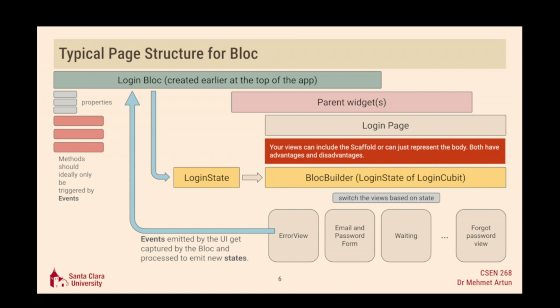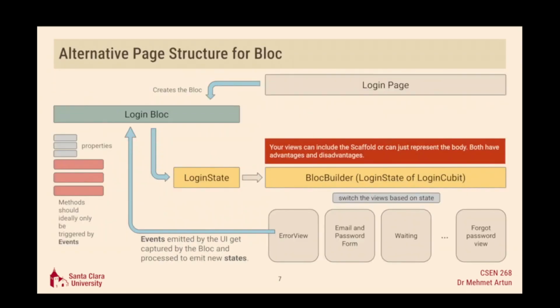If the login page wants to use that block and it wants to consume its state, it can do so, right? It doesn't have to create it. It just has to know that it's created above, right? So these are the two ways that you can structure the block. But in our implementation now, it's this way. I've implemented it, but later on we will implement also the other way. So you have both examples.